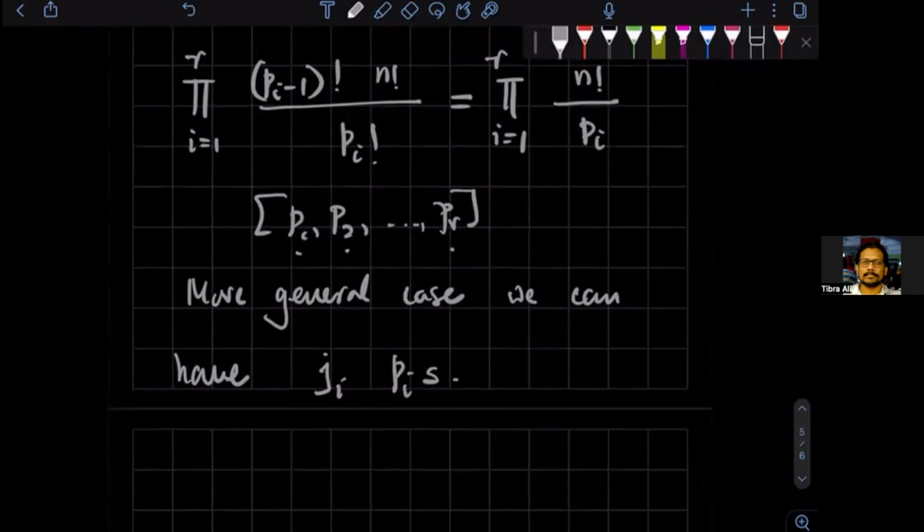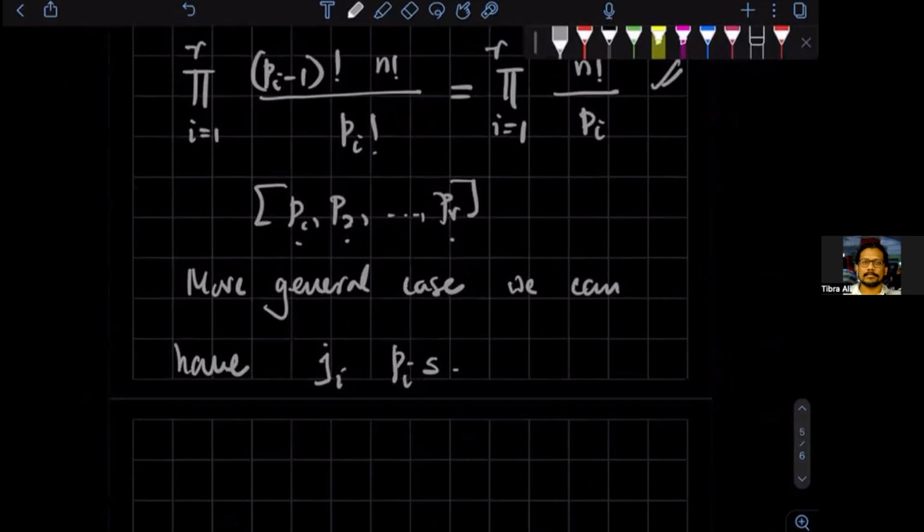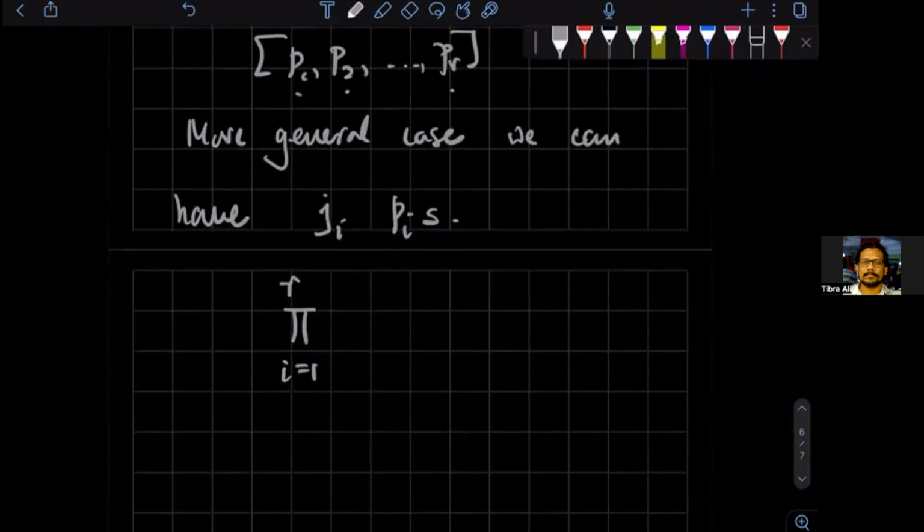And just by looking at this formula, what we will have is i going from 1 to r. So again, the sum over i is going to give me, there are j_i p_i's. The sum over j_i times p_i is going to give me n.